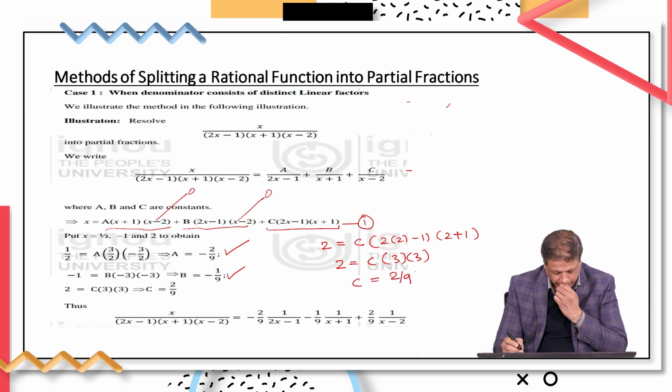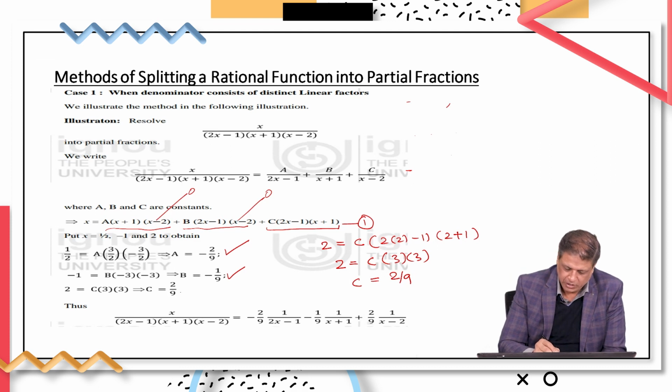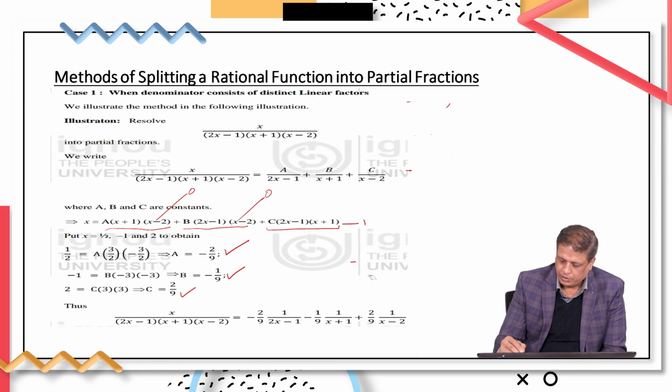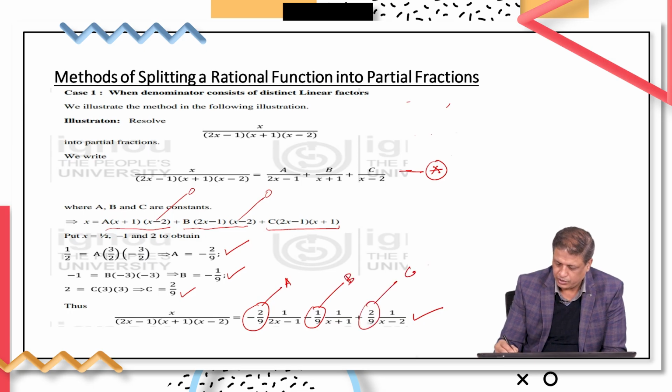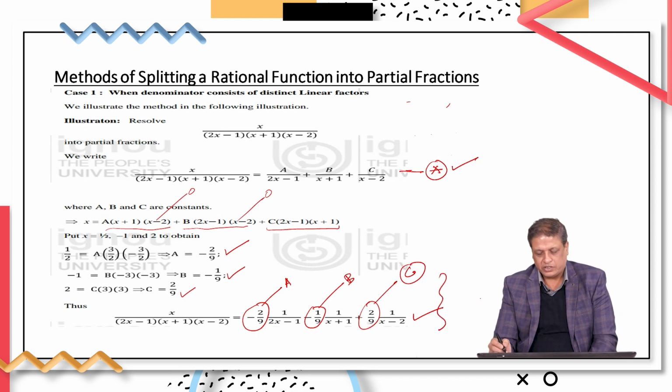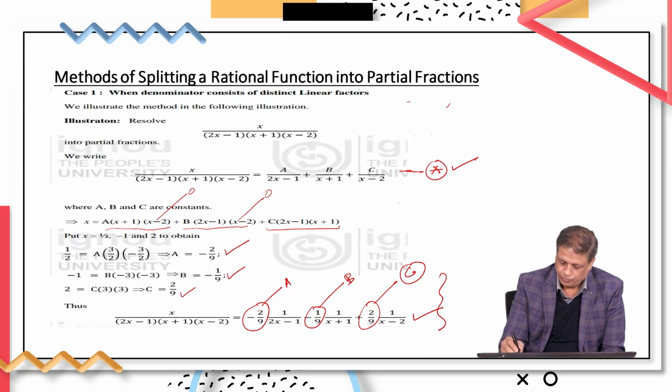So, we got all the 3 variables A, B and C, and now we substitute them into the expression which we had earlier written, say this is the expression star. Substituting A, B and C in star, you are going to have the equivalent expression which is this. This is the value of A, this is the value of B and this is the value of C. So, equation star will be simplified to this, and now you can simply apply the normal integration rule by integrating this expression.